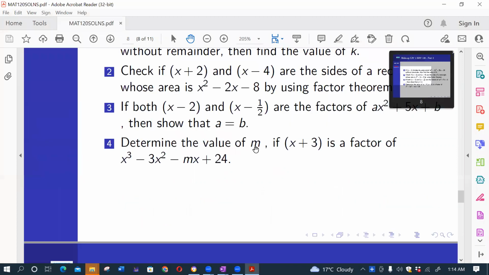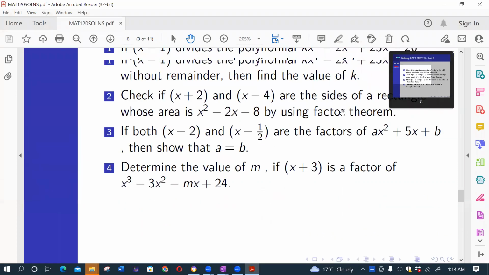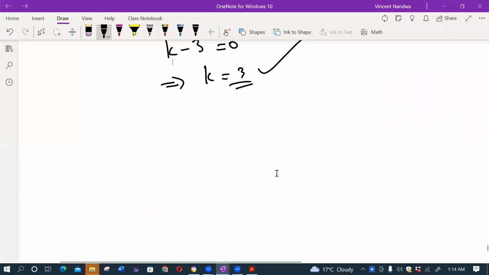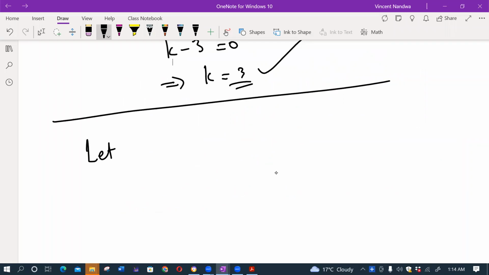The next question is to check whether x plus 2 and x minus 4 are sides of a rectangle whose area is x squared minus 2x minus 8 by using factor theorem. So let p of x be this area, which is x squared minus 2x minus 8.